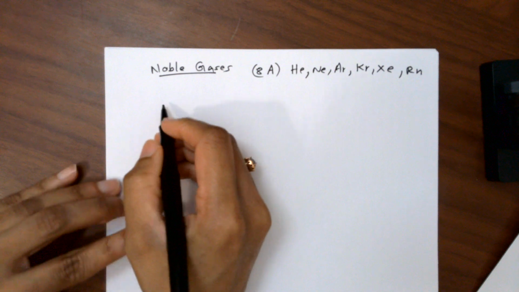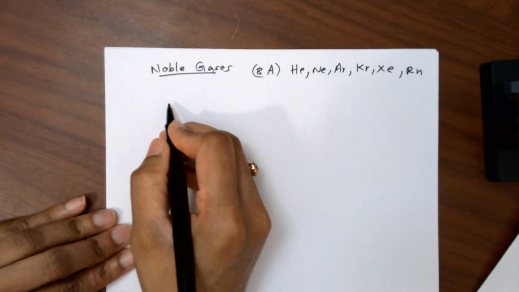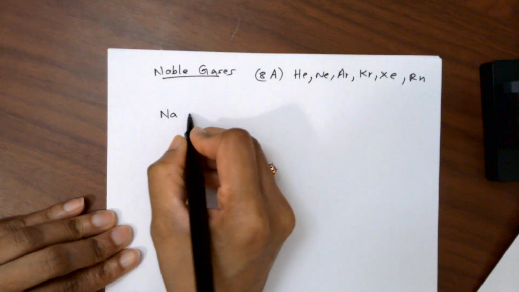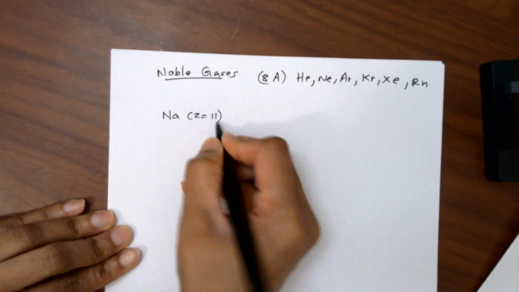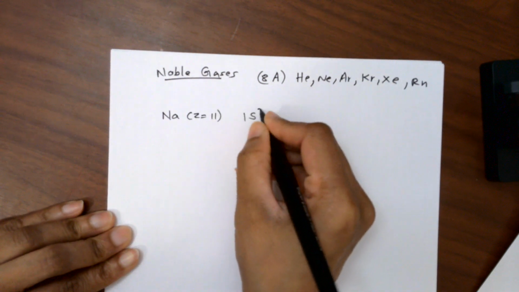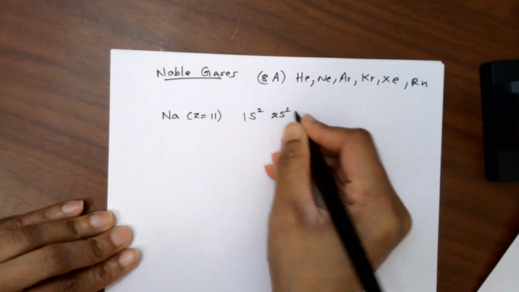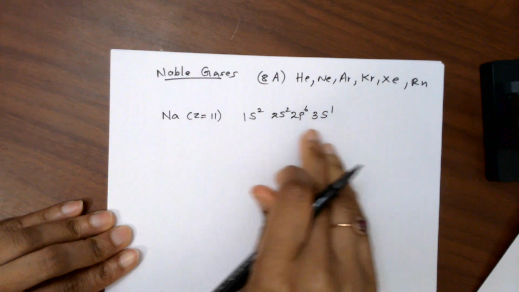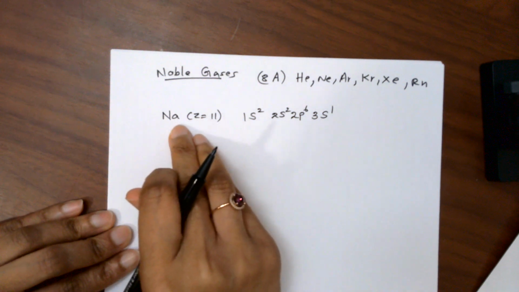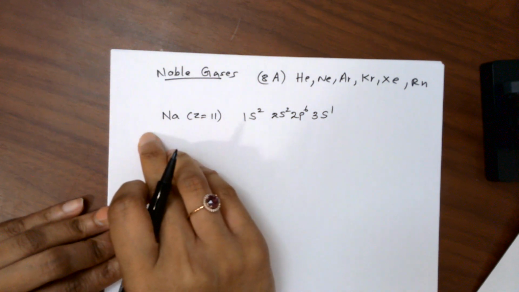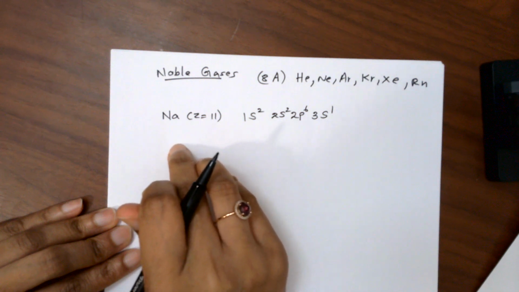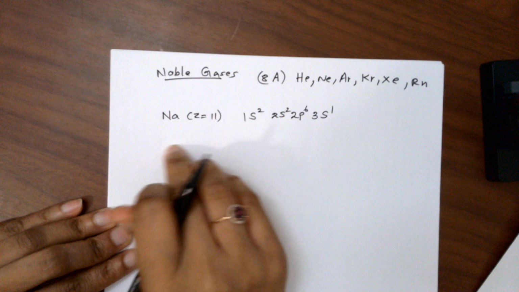So if you consider any element, let's talk about sodium, whose atomic number is 11. The long configuration is 1s2, 2s2, 2p6, 3s1. Now you have to find the previous noble gas to sodium. Sodium is in period number 3, that is row number 3.